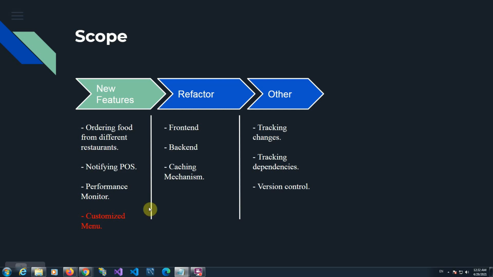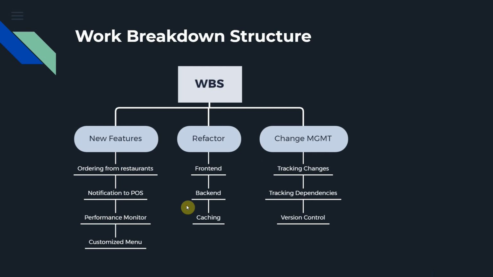The work breakdown structure is pretty consistent with what I have in the scope. For example, I moved the performance monitor under the new features category because firstly it has its utility to the user, such as a system administrator.